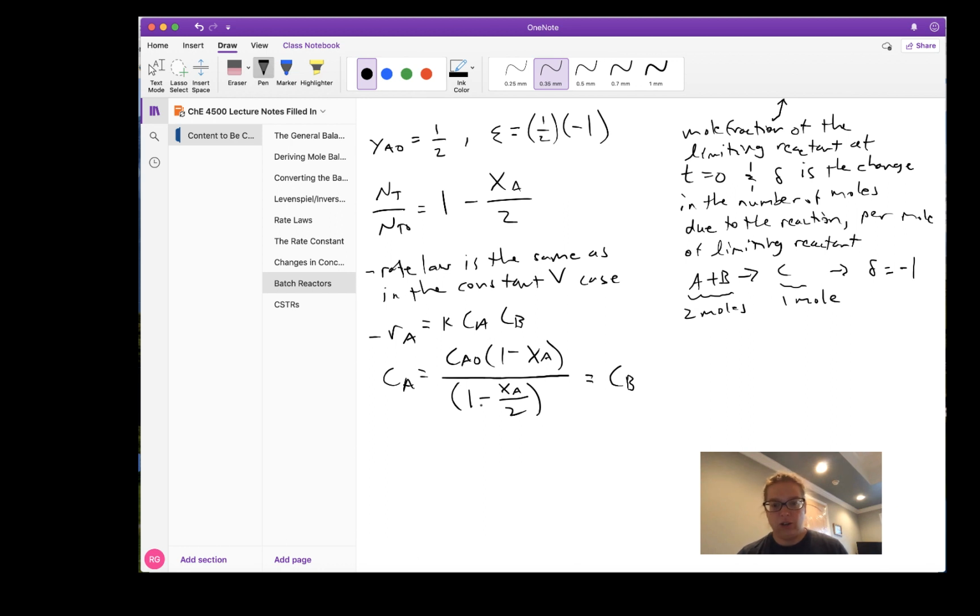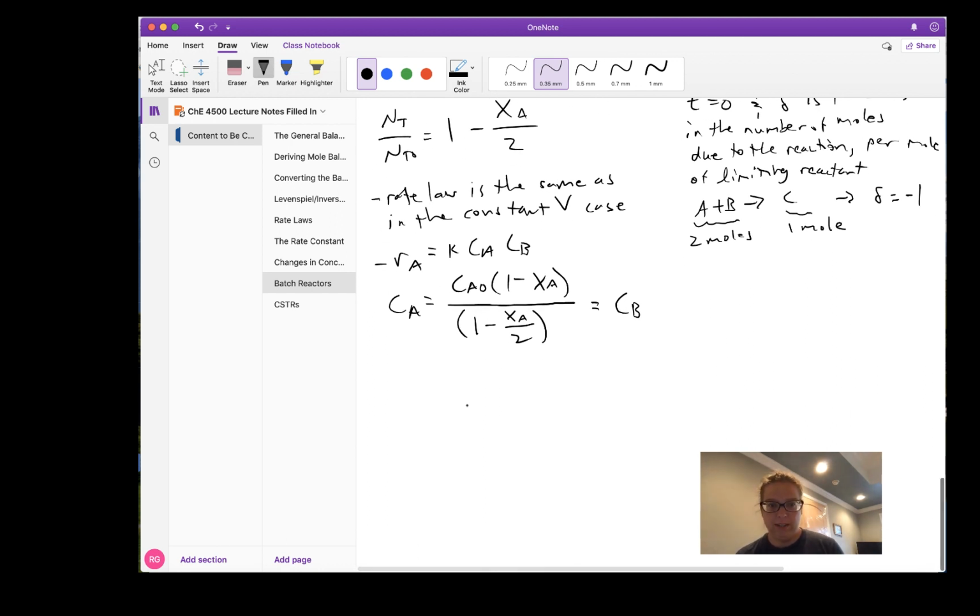Now I have my concentration terms, and I can substitute these into my mole balance.